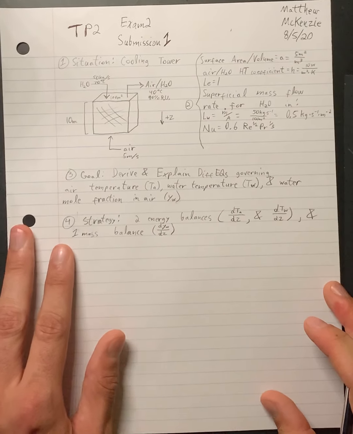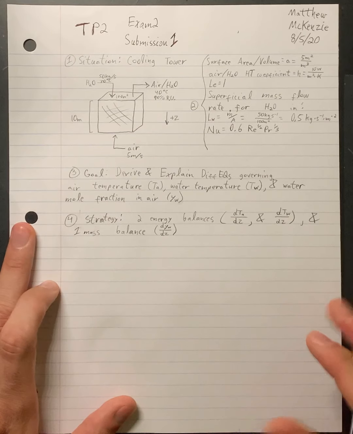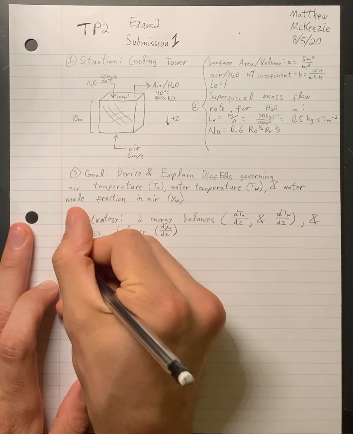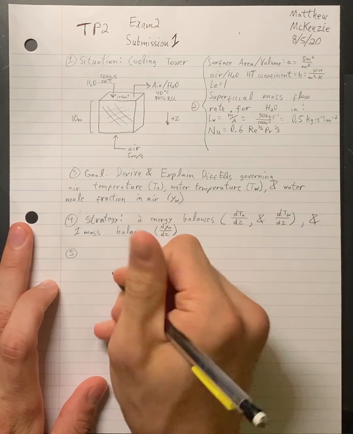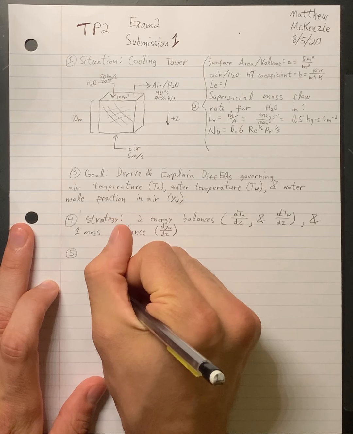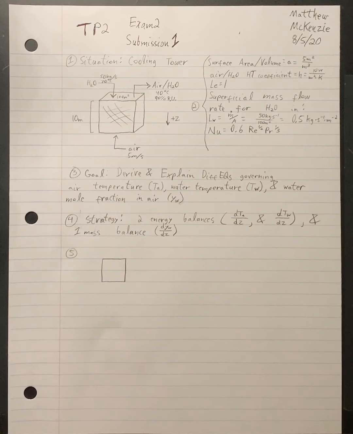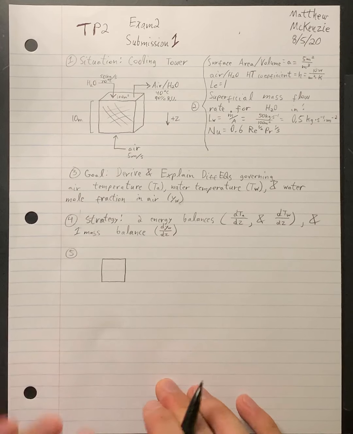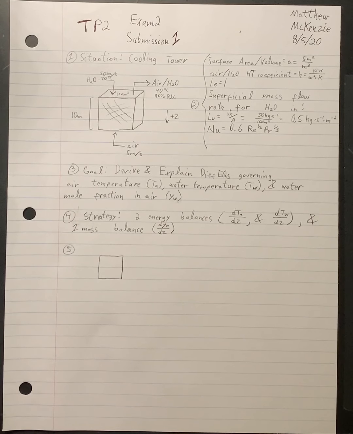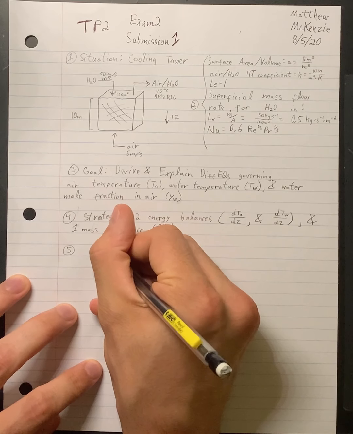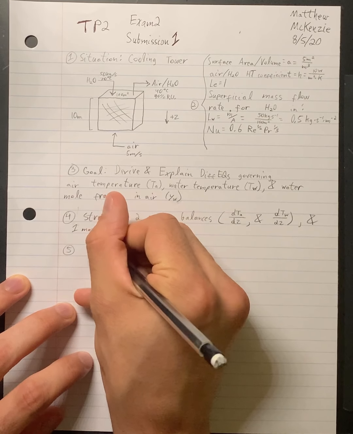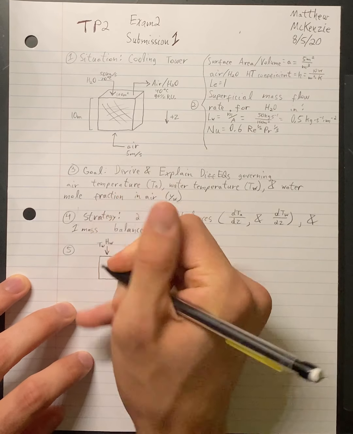So, in order to actually begin this, we're going to draw up what's called a baby control volume. This baby control volume basically tells us what is going into the system and what is exiting the system. So, with what's happening here going into this control volume, we've got the temperature of water and the enthalpy of water.